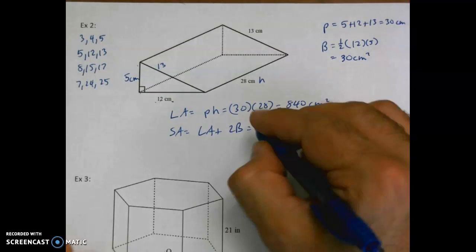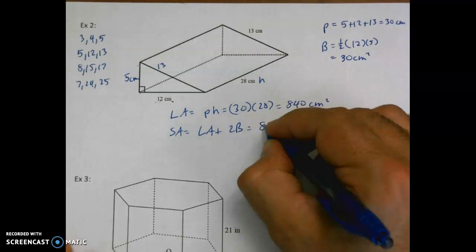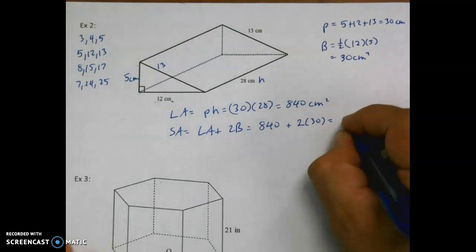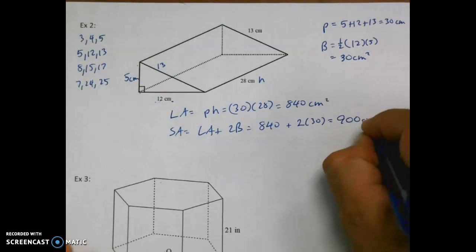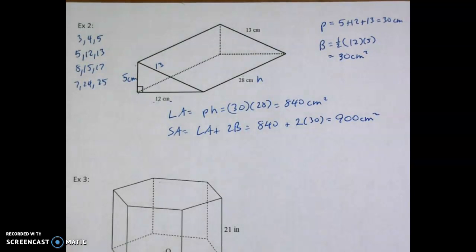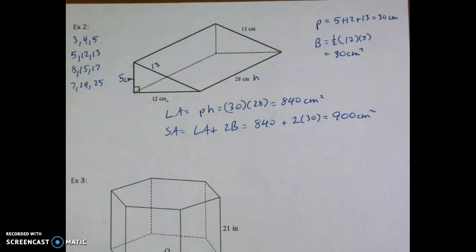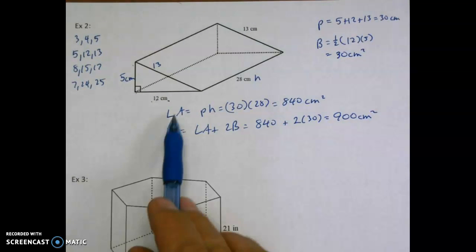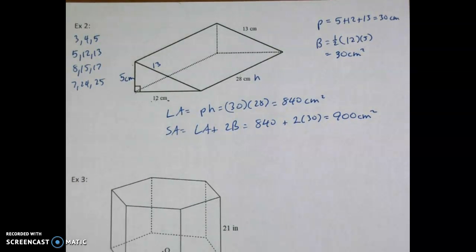So 840 plus 2 times 30 equals 900 square centimeters. So for our triangular prism, we have to figure out the perimeter and the area of the base, and then we use the formulas to find the total surface area.